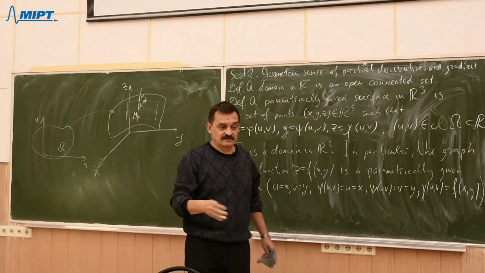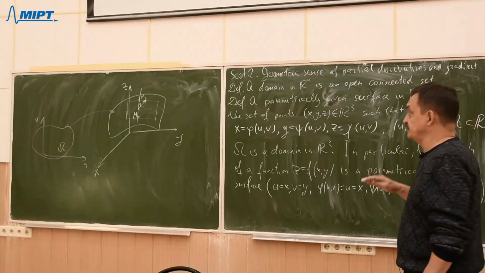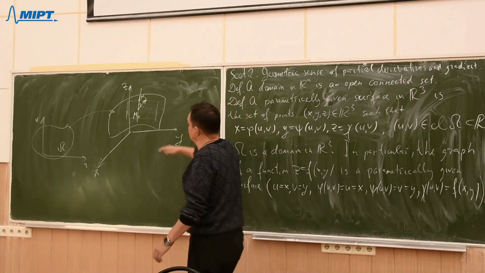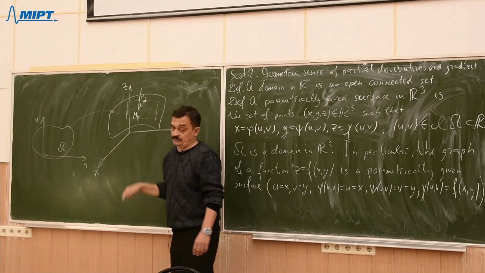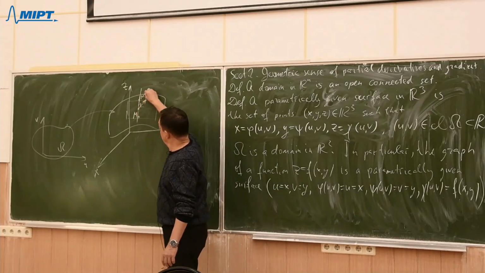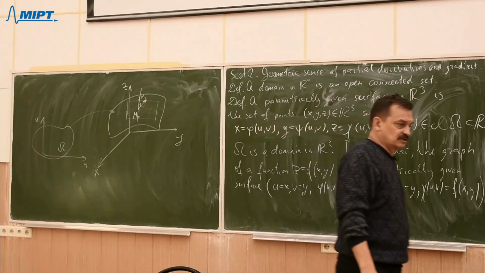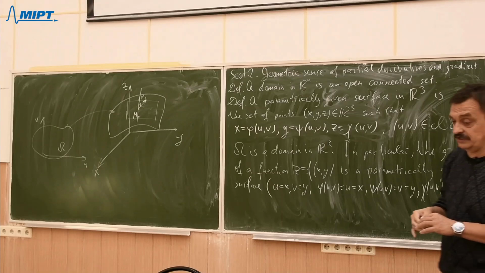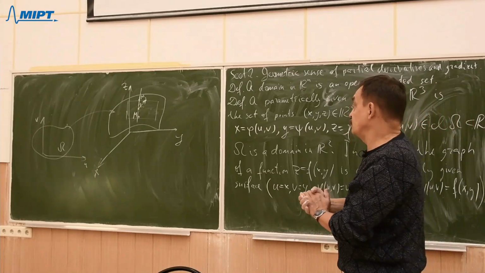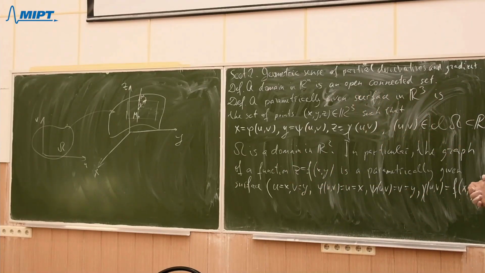So it means that the tangent plane consists of tangent lines to arbitrary curves on the surface which contain M naught. If you consider an arbitrary curve on the surface, find the tangent line, then this tangent line will be a part of the tangent plane. So the tangent plane consists of all tangent lines to all curves in the surface. That is another point of view on how to imagine the tangent plane.